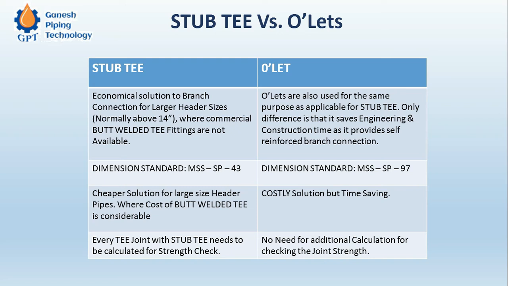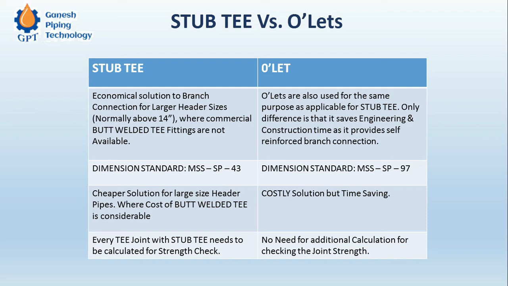OLEDs are less costly compared to the butt welded T of that size, so maybe 50 by 40 or 50 by say 10 inch or something like that. But it is comparatively costly when we see the stub connection, because in stub T there is no fitting. So OLEDs are of course costly as compared to that.